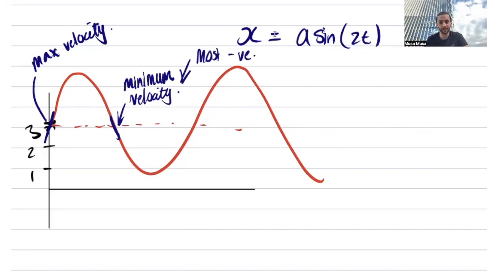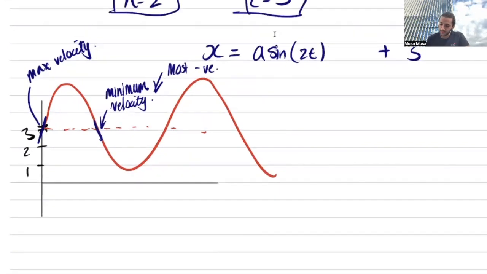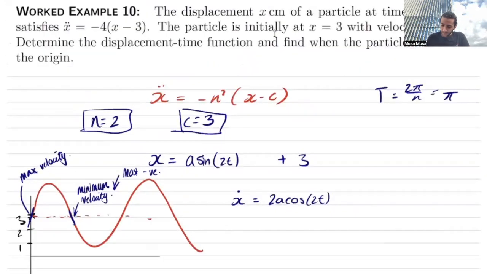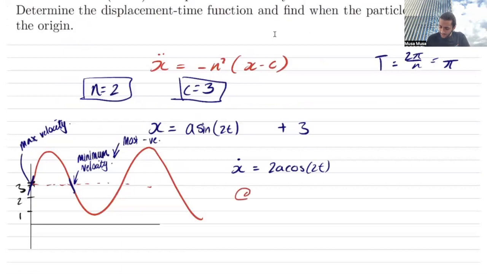So if I go down to my first derivative, my velocity equation, x dot is going to equal 2a cos 2t. And because we know we're a sine curve, all we can tell is that at t equals 0, we should have max velocity.